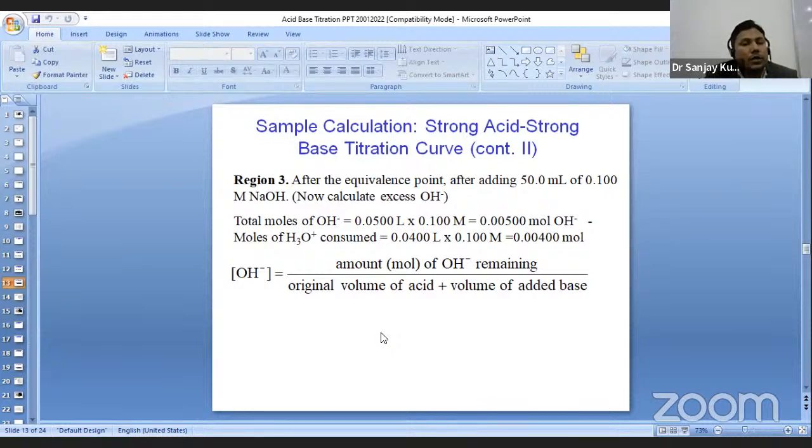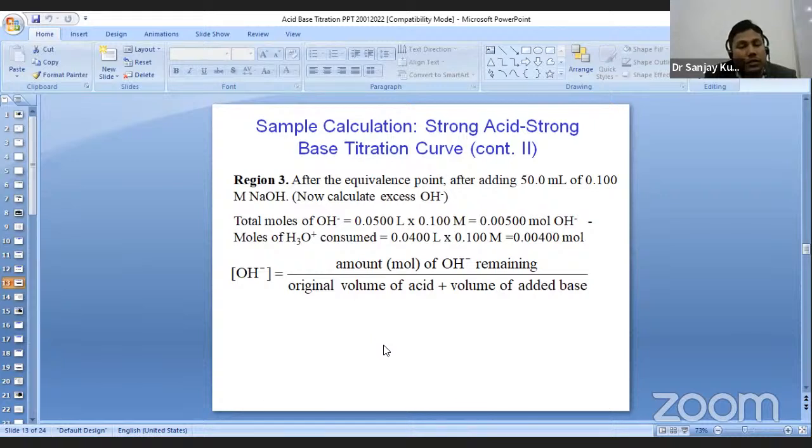So in this way, with the help of the plot of NaOH against pH, we can see it first increases gradually till the end point. It is an acidic condition, and after the end point it converts into basic.